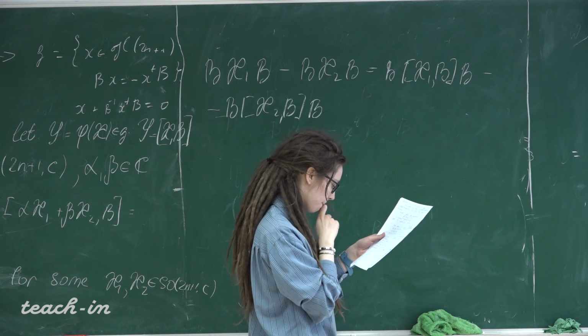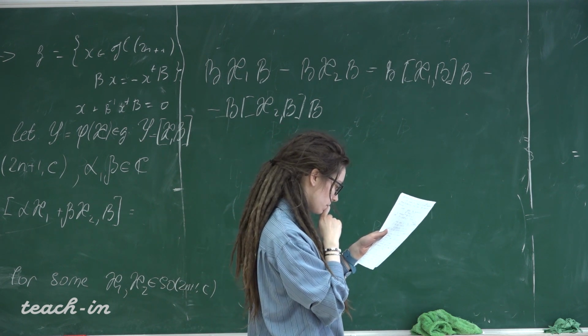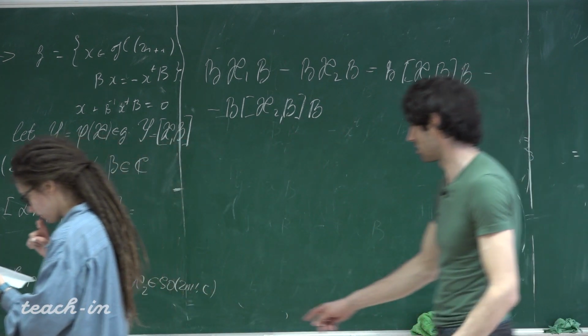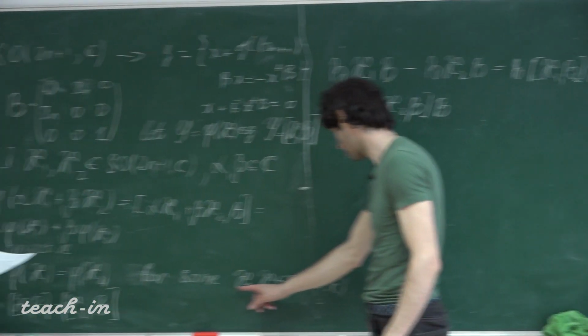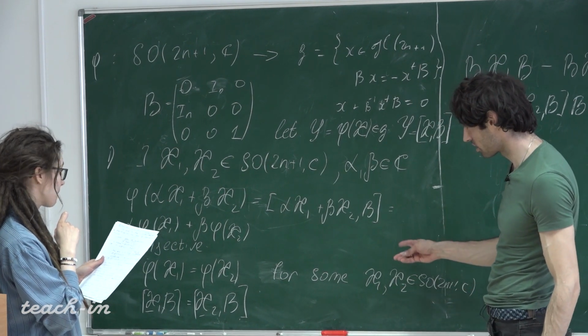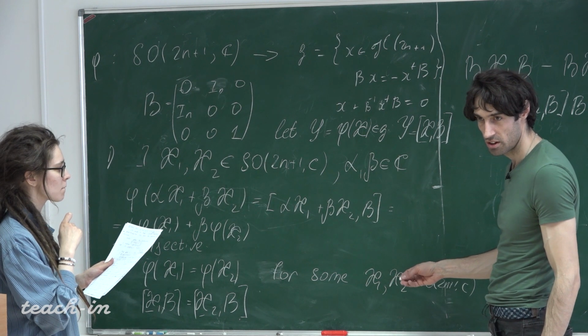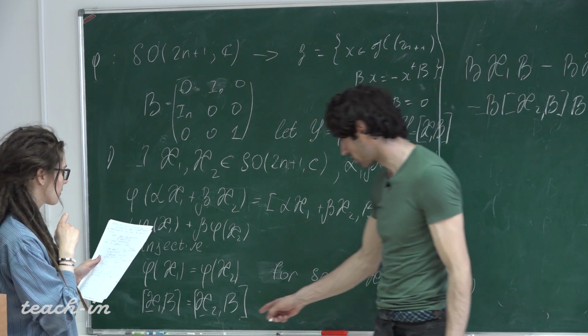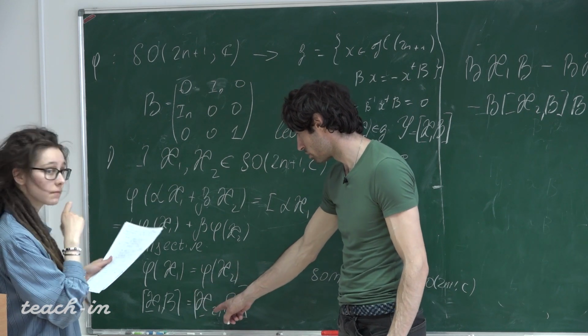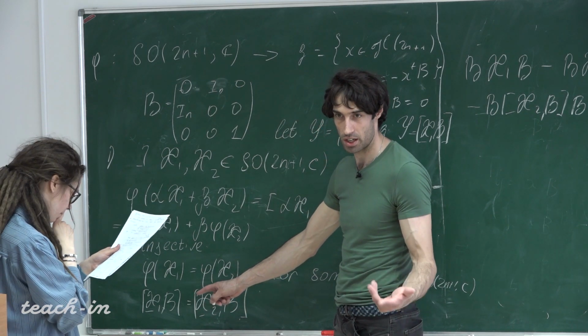If we didn't have this condition, we would have no injectivity, because we could have x1 not equal to x2, for example x1 is x2 plus b.